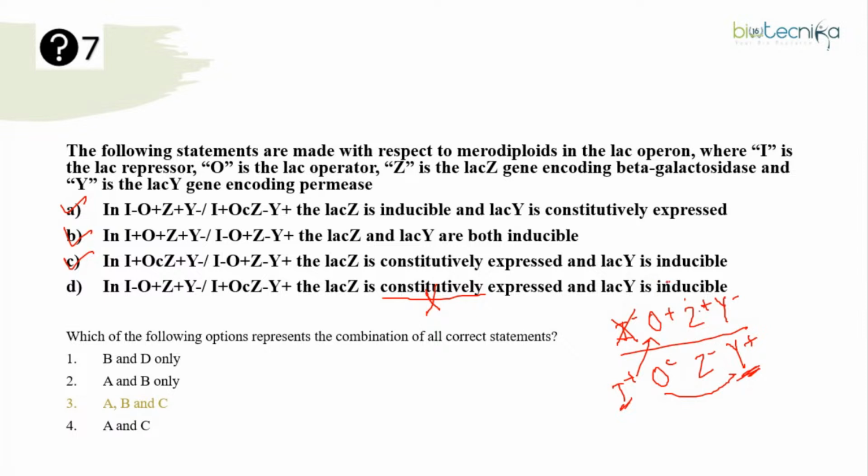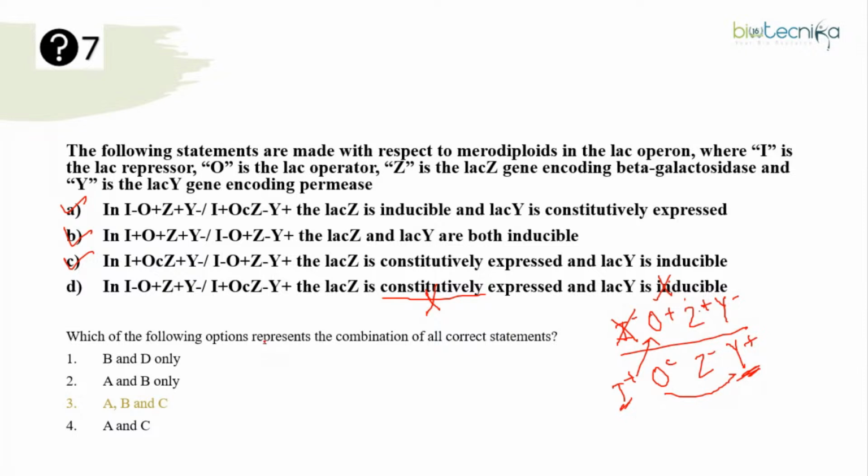But here they have said it is inducible, so it is wrong. So statement D is wrong. I hope everyone is clear. So whenever you get a question like this, take up each of the combinations and analyze it separately. Try to tally it with the statement.